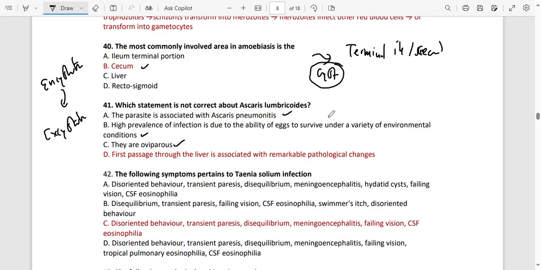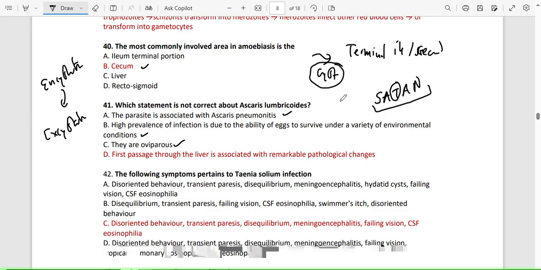Again, what is the common mnemonic for oviparous? Saturn. Actually, just SANA. This will tell us everything that is not viviparous.